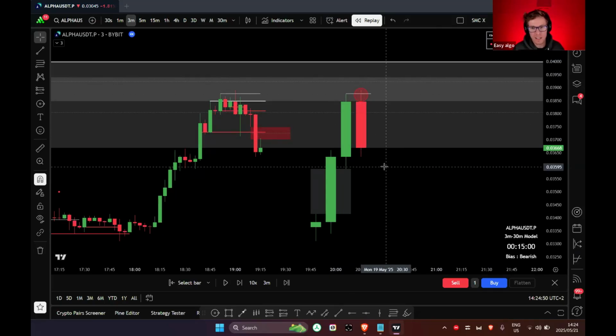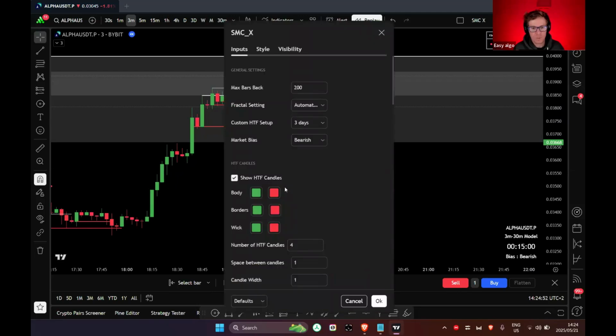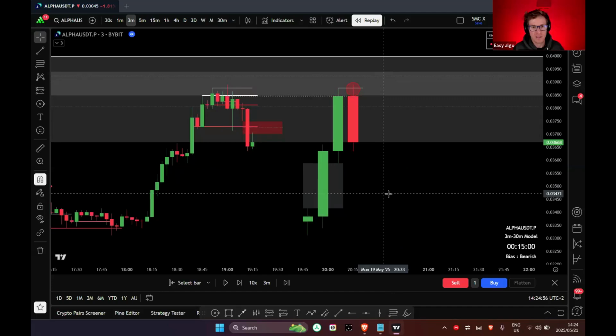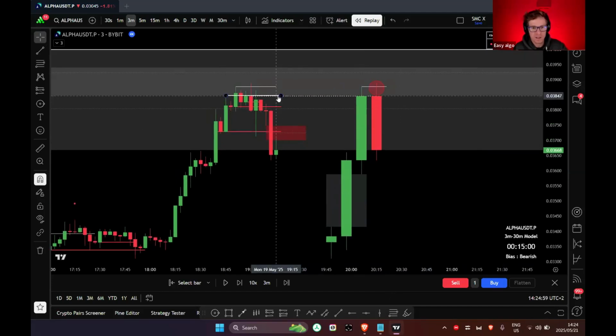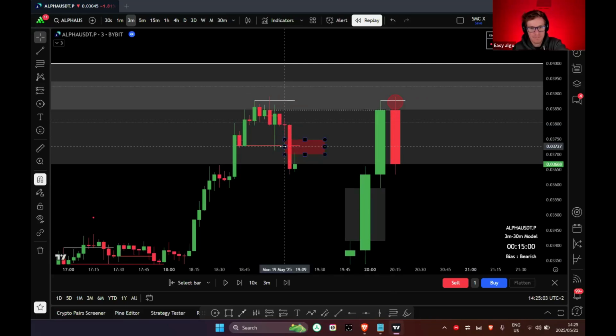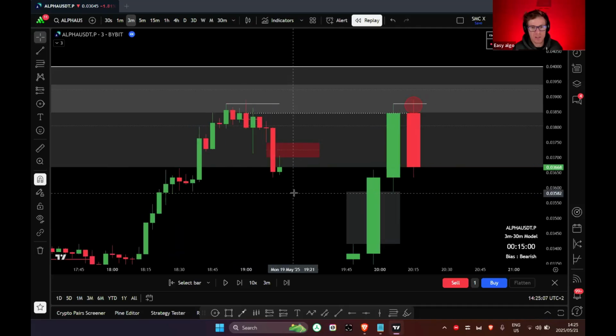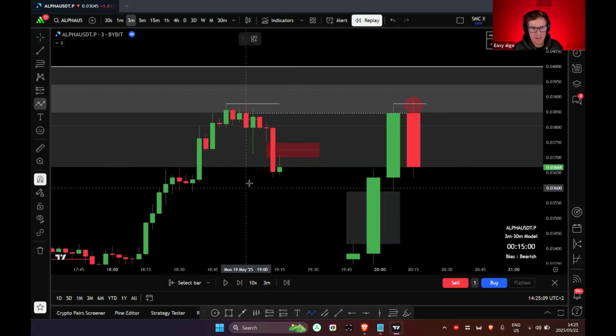So you can see price broke down. If I turn on the opening candle, which we spoke about over here, you can see this was the open of this candle. Let me remove some of these things so you can have a better look. So you can see we got an open, high, low, close. Price opened over here, then expanded high, and then got below the opening points.